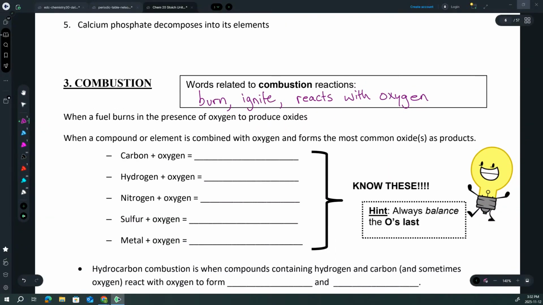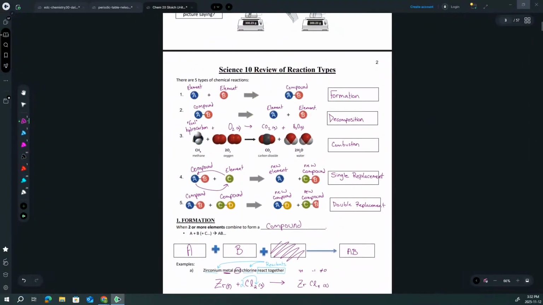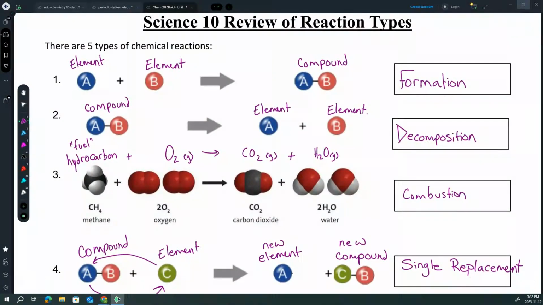Essentially, a combustion reaction is when you have a fuel burning in the presence of oxygen and it's going to produce oxides. Back in an earlier lesson, I did specify that since I was talking about a hydrocarbon, because methane is a hydrocarbon, when I was talking about a hydrocarbon plus oxygen gives you carbon dioxide and water vapor, that would be more specifically a hydrocarbon combustion reaction.